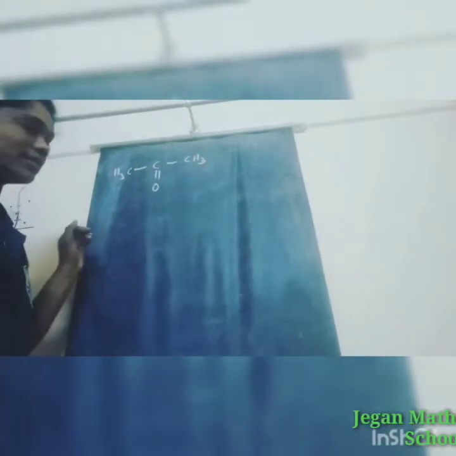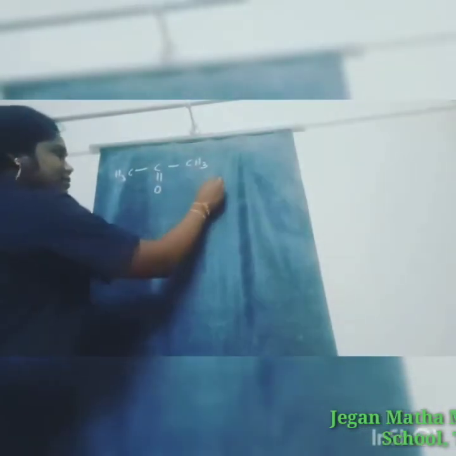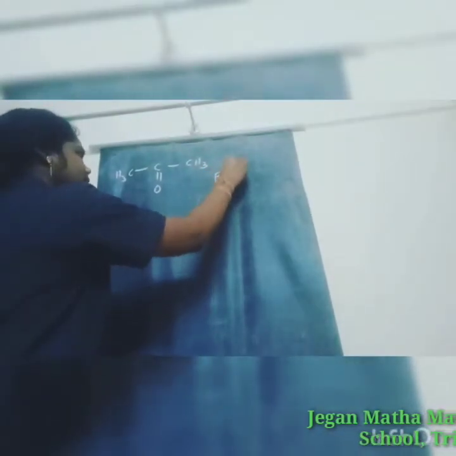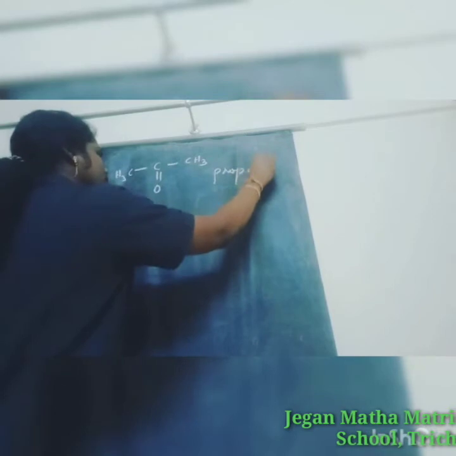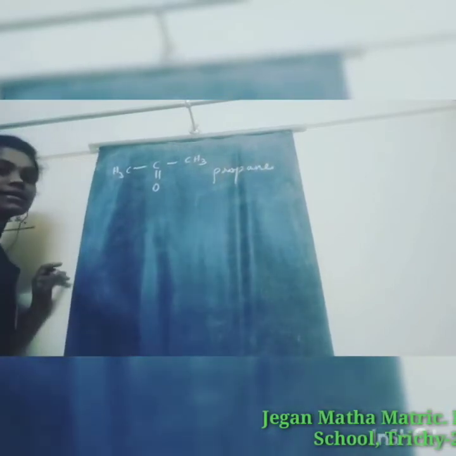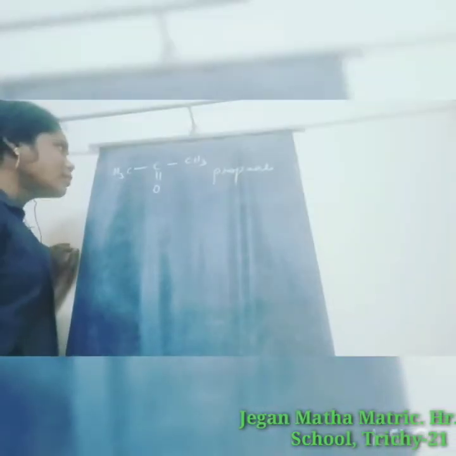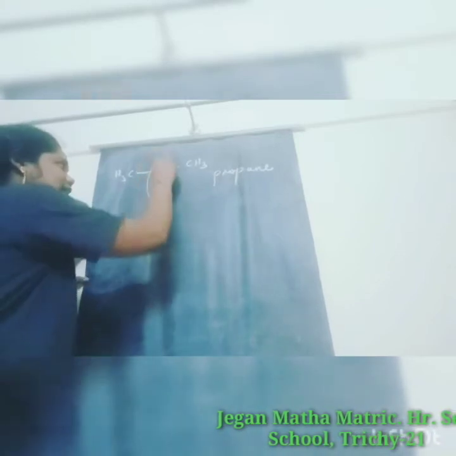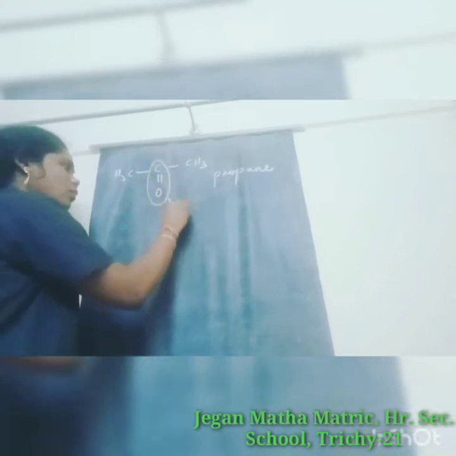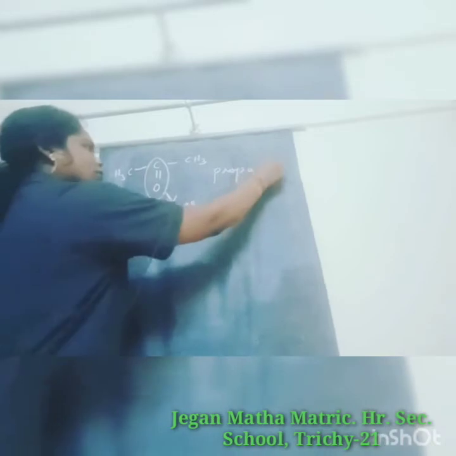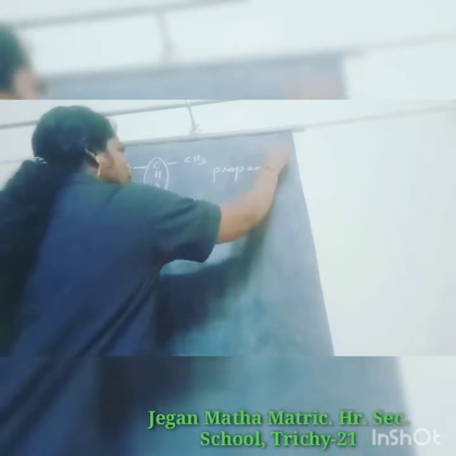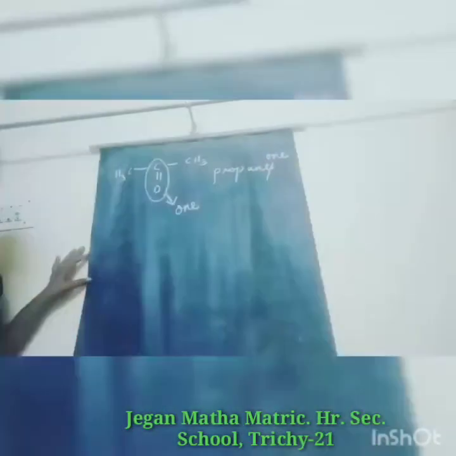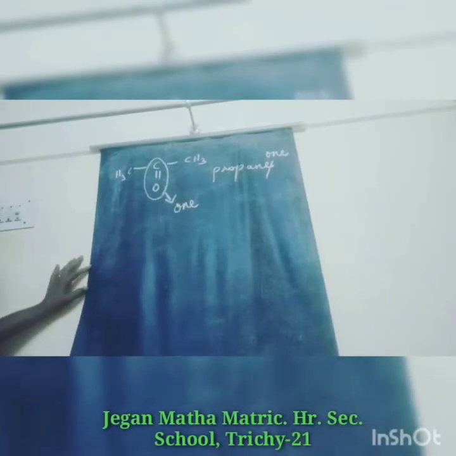Three carbons present means propane. Here the functional group is C double bond O, which means the ketone group. The suffix is -one. We strike out e and add one. So propanone.